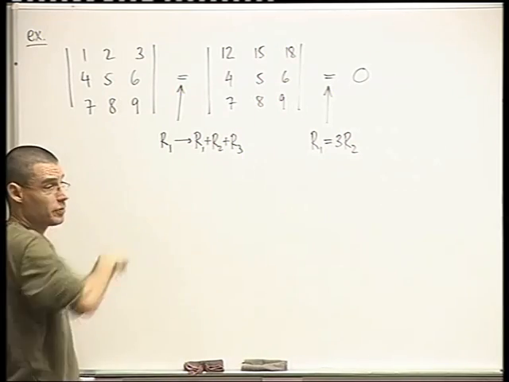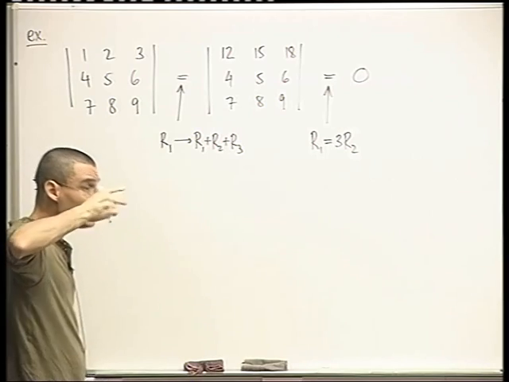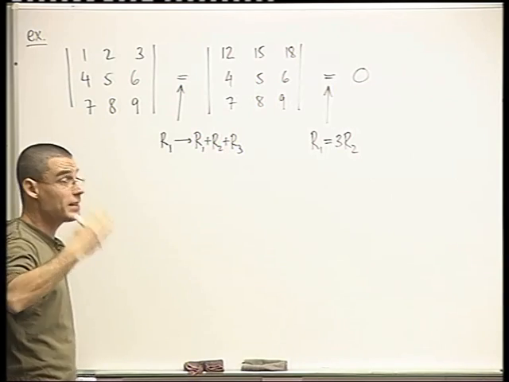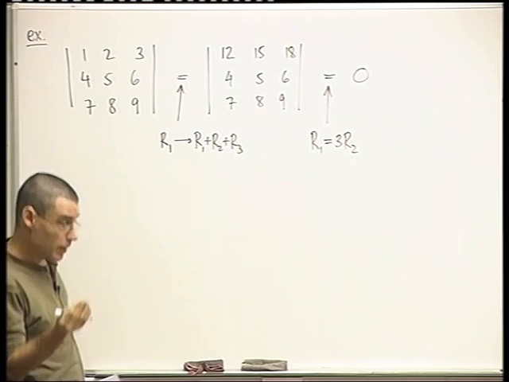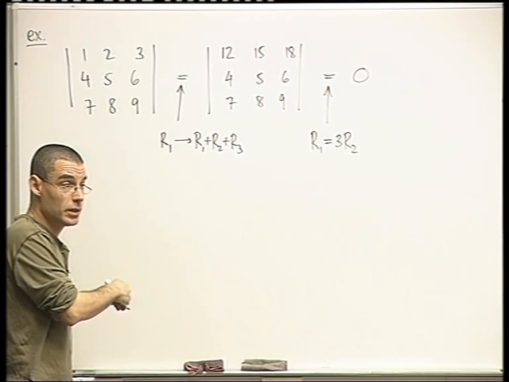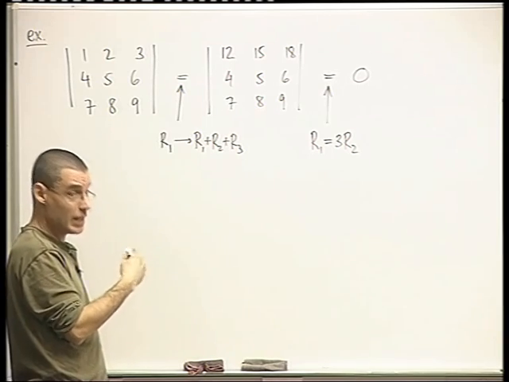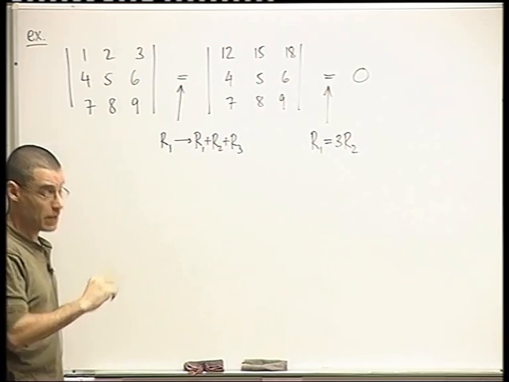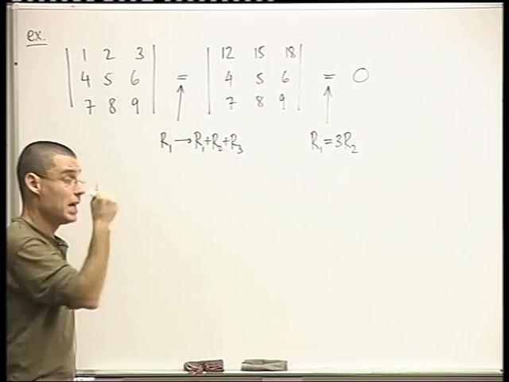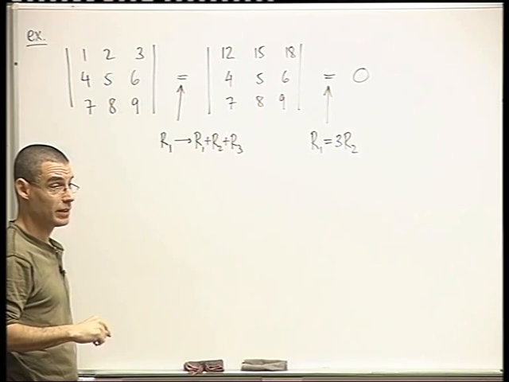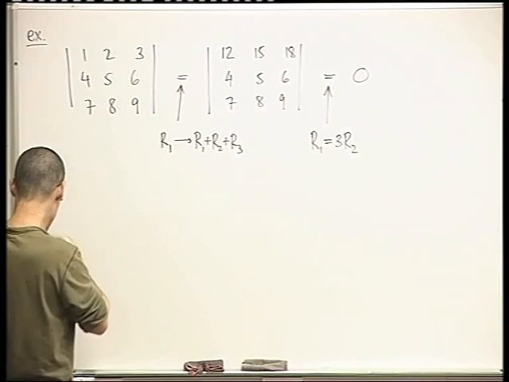If you pay attention to what you're doing, if you're pulling out a scalar, you have to remember that the scalar is there. It does change the determinant. If you switch 2 rows, that's fine as long as you remember to put a minus sign. So here's an example.